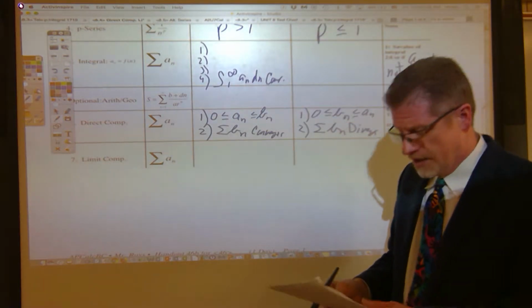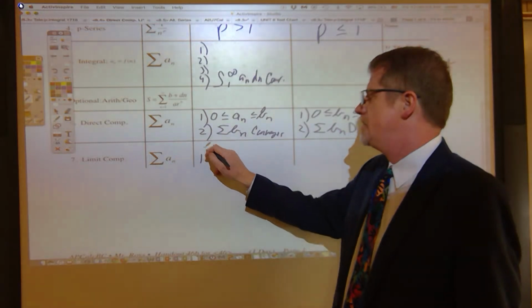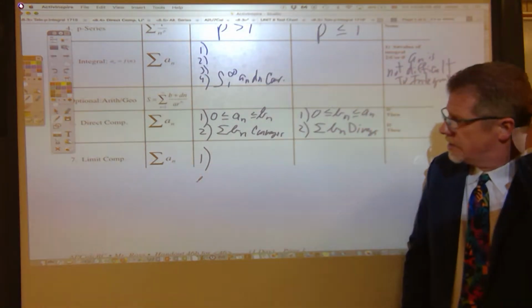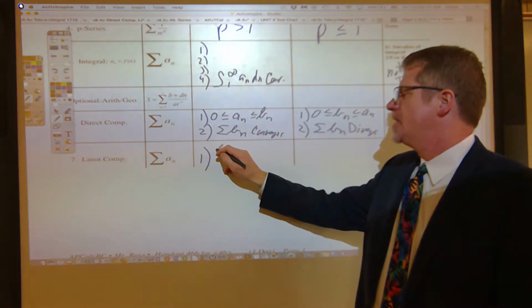By the way, since we're here, let's look at limit comparison. Instead of direct comparison, which is just with a greater than or less than sign, you can compare by taking a limit of a quotient.